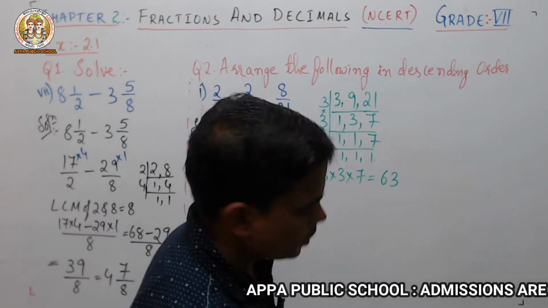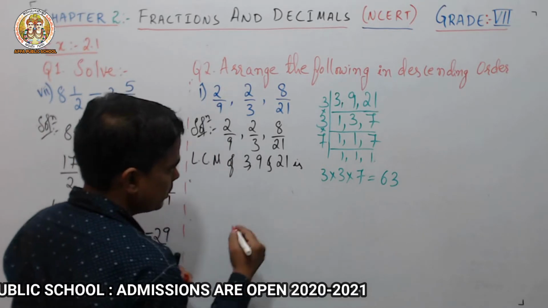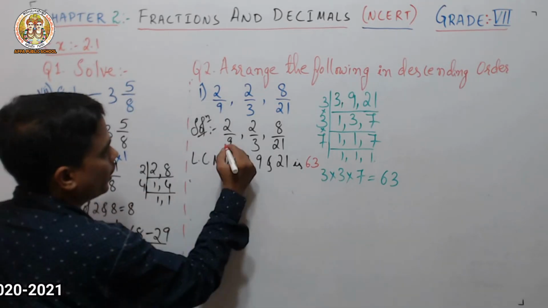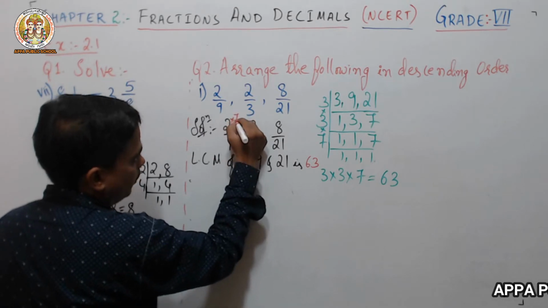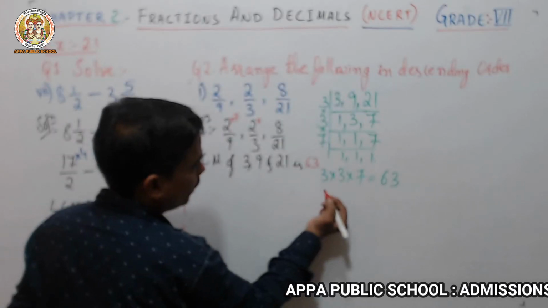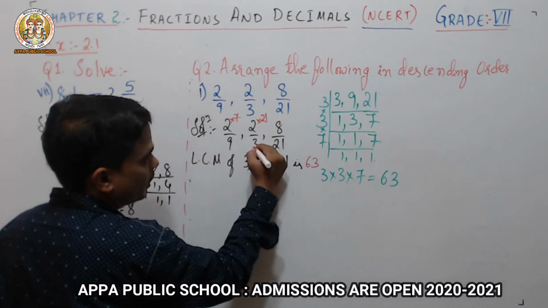Next. So I got the LCM as 63. Here, in the 9 table, how much is 63? 7 9s are 63. In the 3 table, how much is 63? 3 2s are 6, so 21 3s are 63.